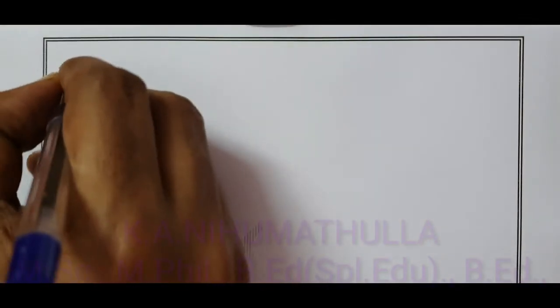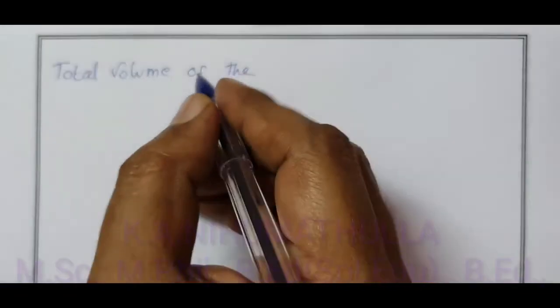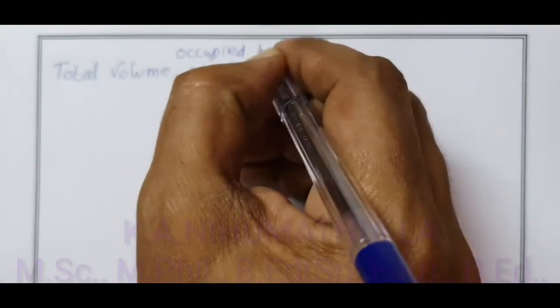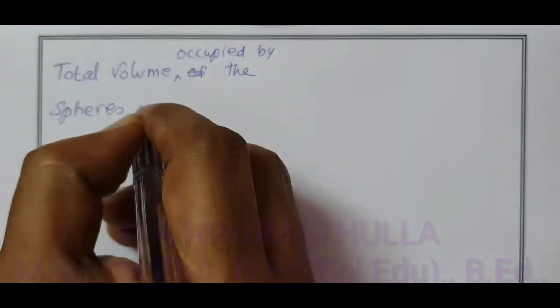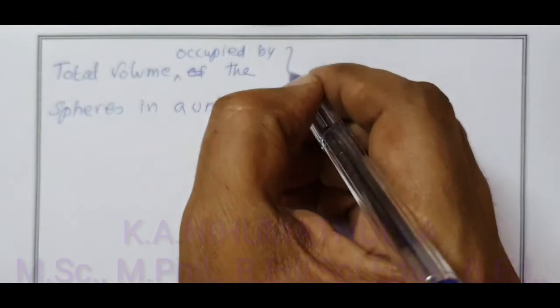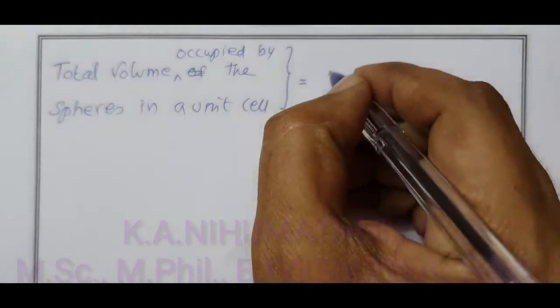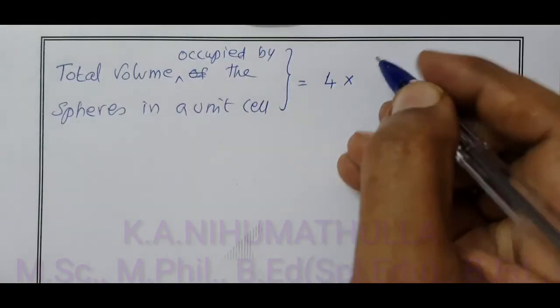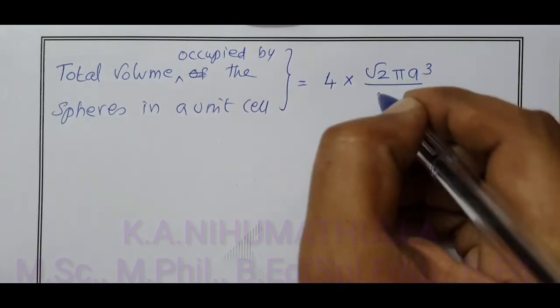Total volume occupied by the spheres in a unit cell: the word total implies the total number of atoms in FCC, which is 4, and the volume we just calculated, root 2 pi a cube divided by 24.